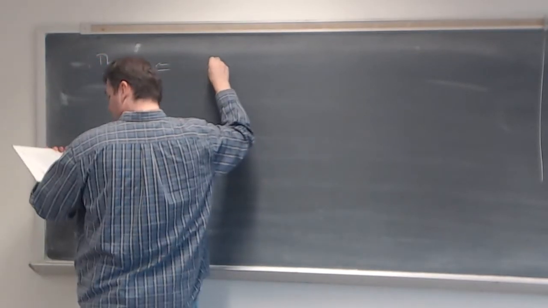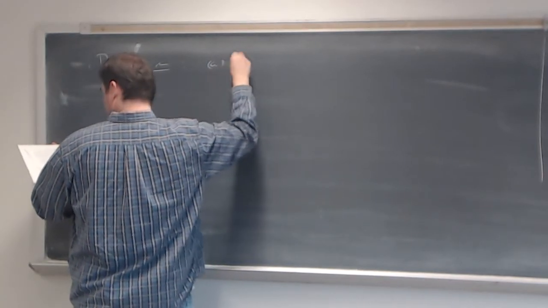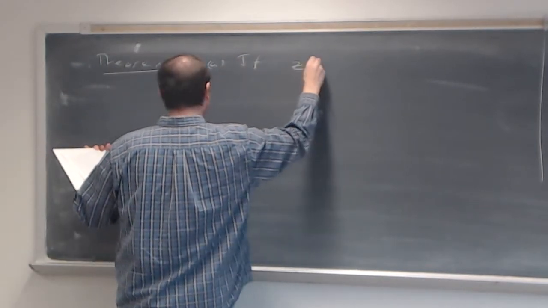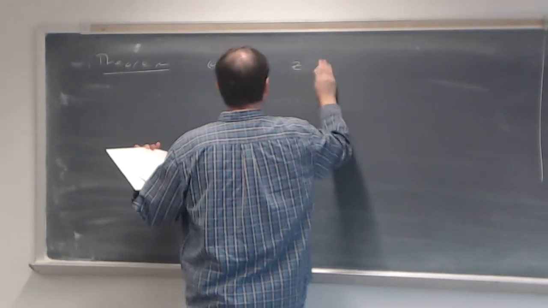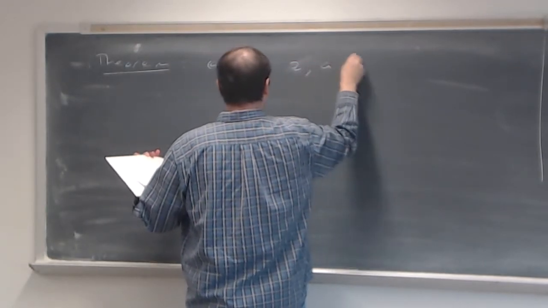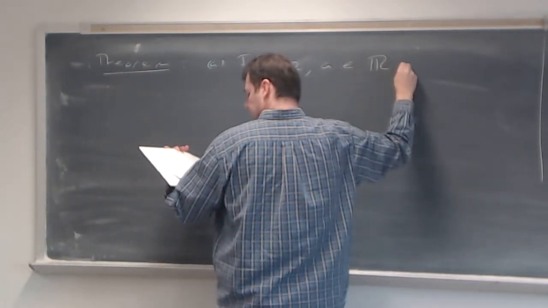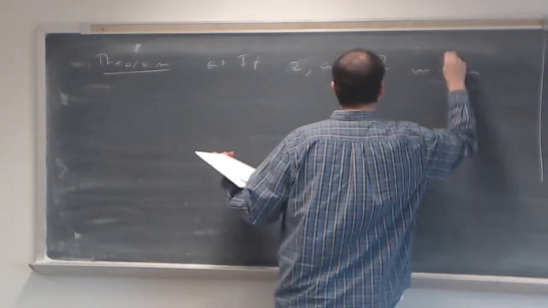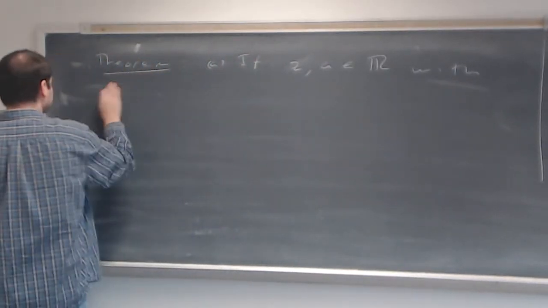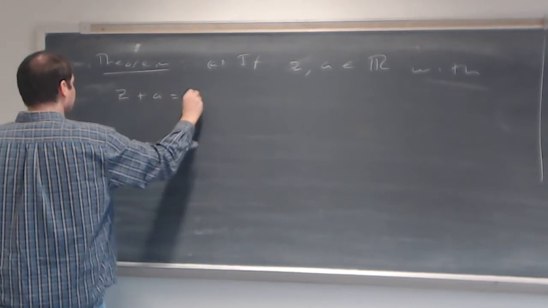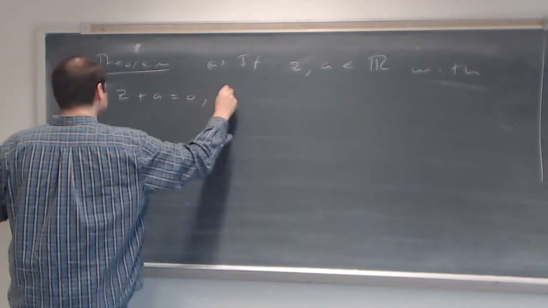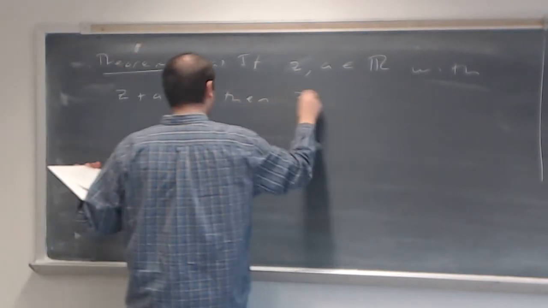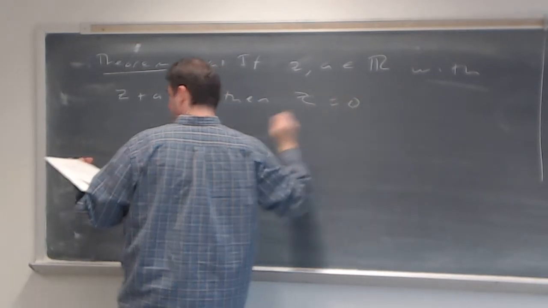As the theorem, what we had is, if Z and A are real numbers, so elements of the real numbers, with Z plus A being equal to A, then Z had to be equal to 0. That's something we showed.